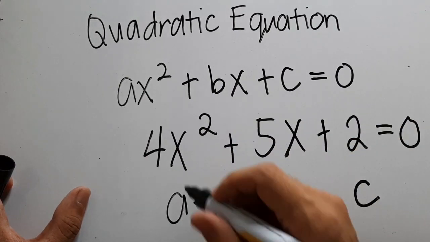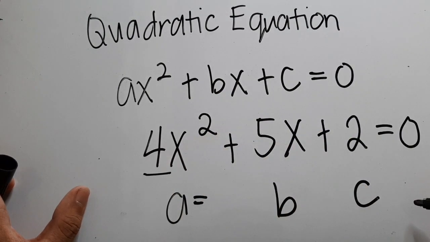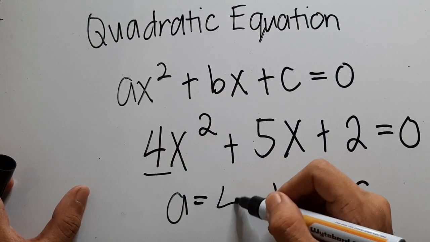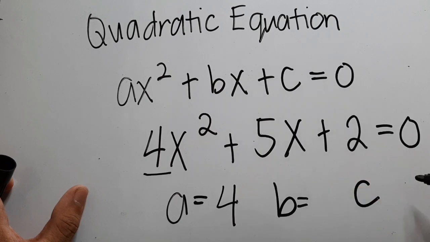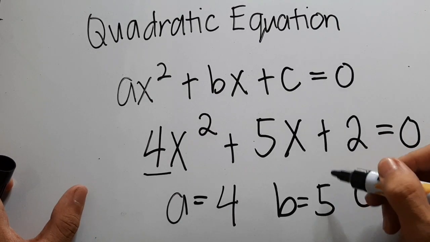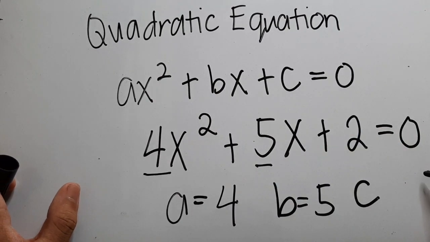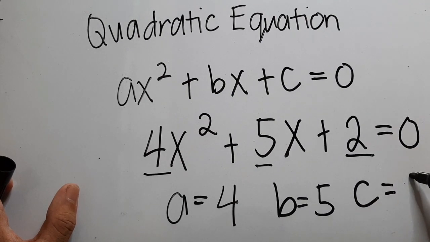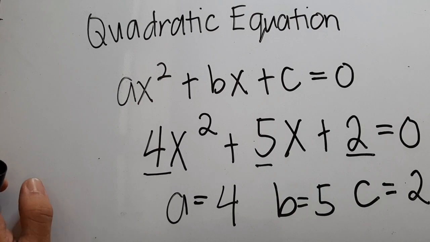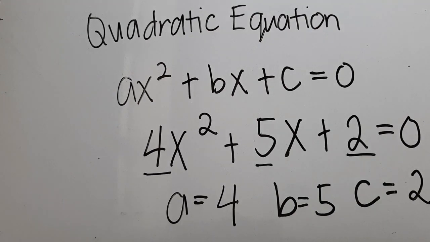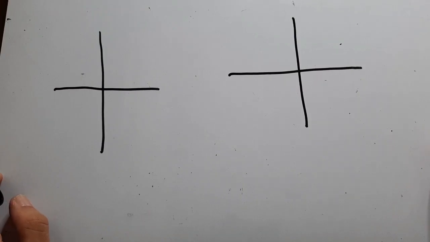So the value of a is 4 because 4x squared is the first term. B now is equal to 5 because 5x is the second term. And the last term, which is 2, is now equal to c. C is equal to 2.